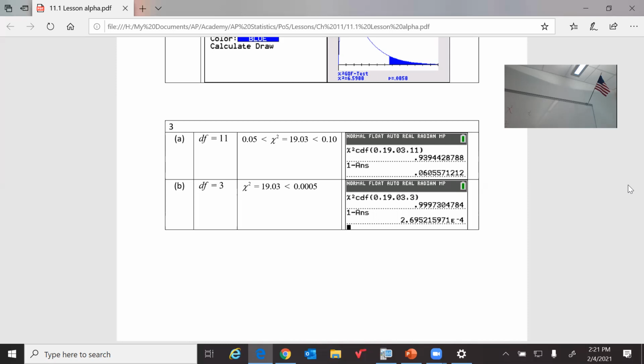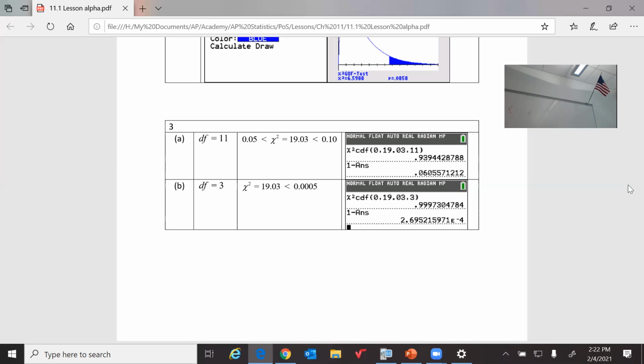Second distribution, chi-squared CDF. You're going to begin at 19.03. Comma, you need a large number to the right. I don't know, 500. Comma, 11 degrees of freedom. It's going to take you right to the 6%.